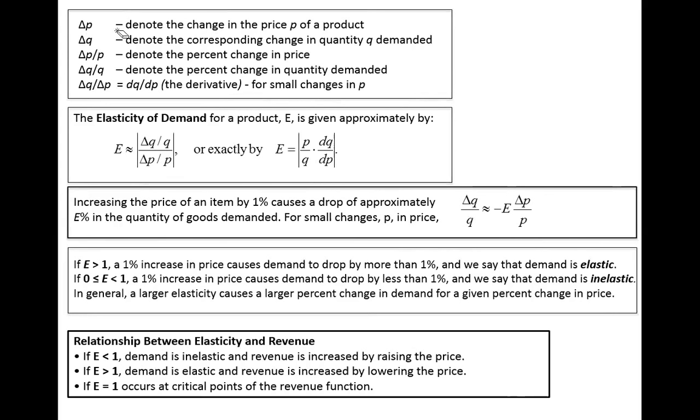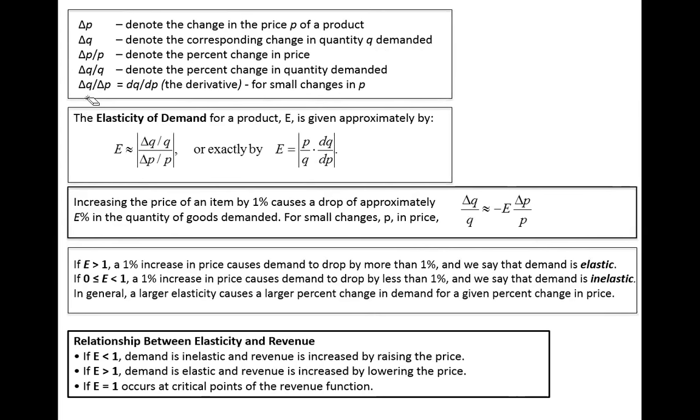Delta P means the change in price P of a product. Delta Q means the corresponding change in the quantity Q. Delta P over P is the percentage change in price, and respectively delta Q over Q is the percentage change in the quantity demanded.